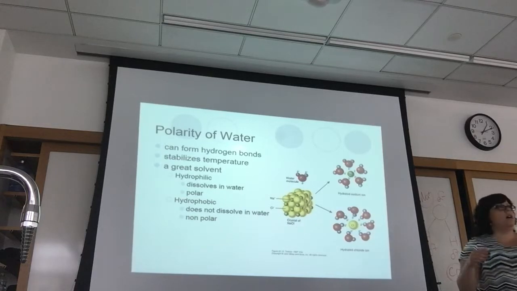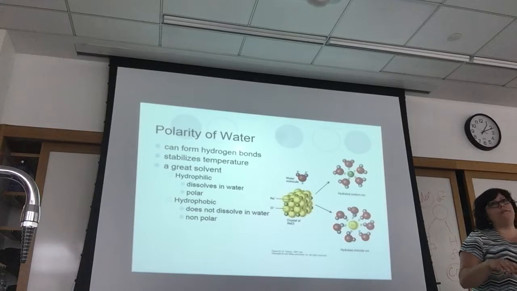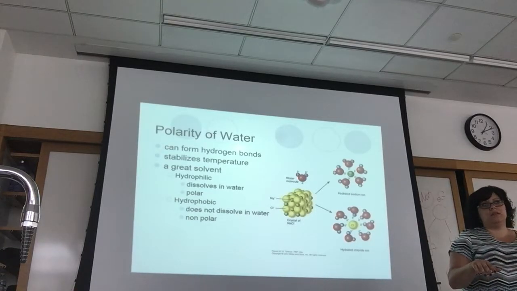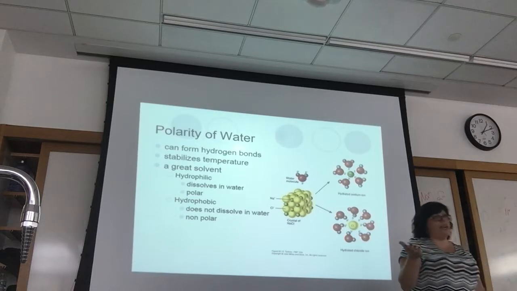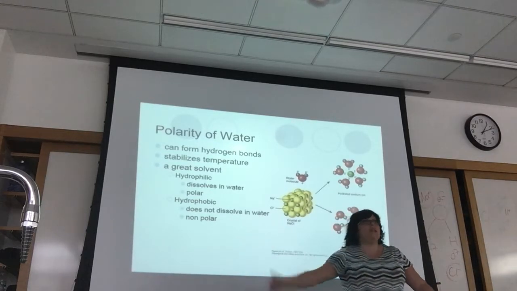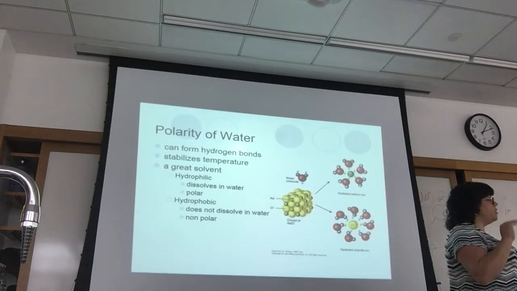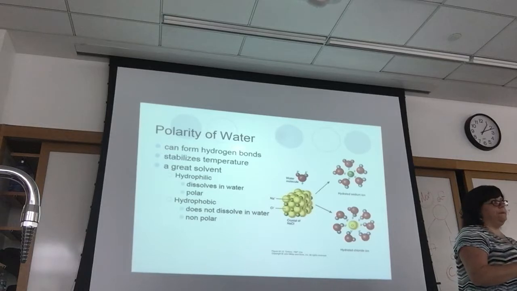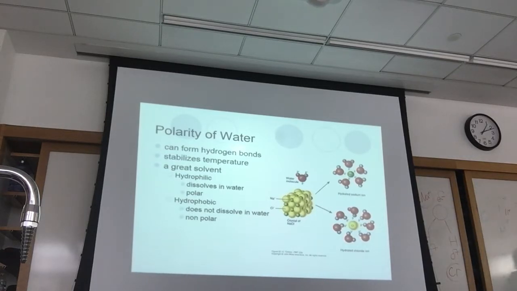It was non-polar. It's called hydrophobic. Phobic. What's a phobia? Right, when you're afraid of something. And so this oil is afraid of water, doesn't like water, doesn't want to mix with water. So we'll have 2 different layers. Questions on the polarity of water?